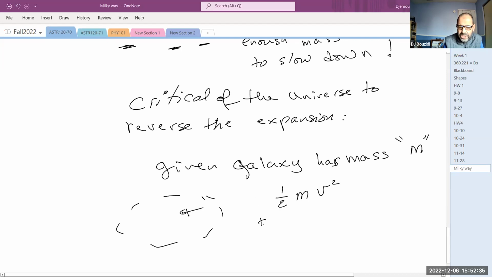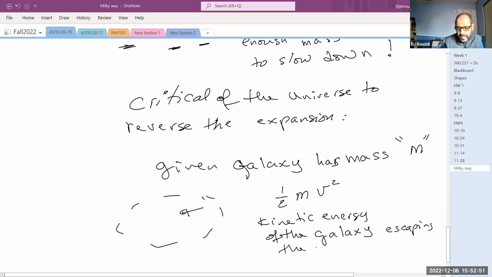So this is the kinetic energy of the galaxy that is trying to escape the rest of the galaxies, escaping the rest of the universe.